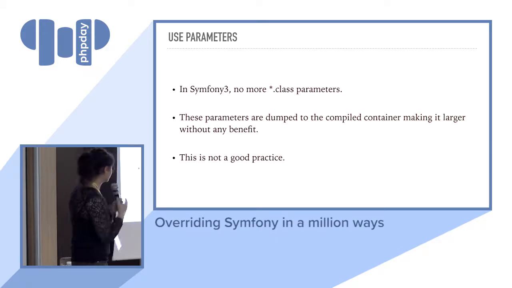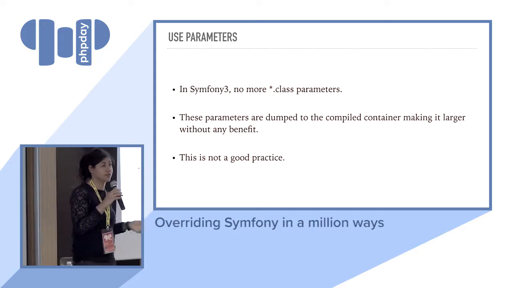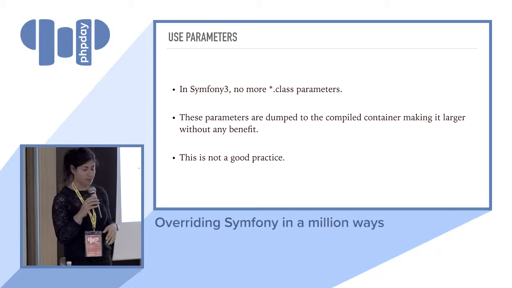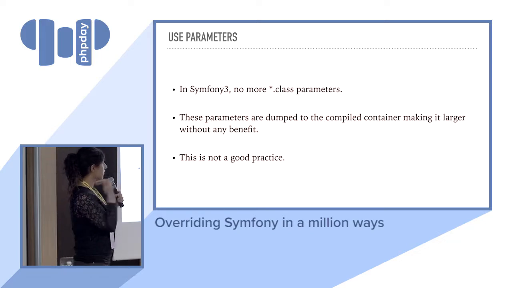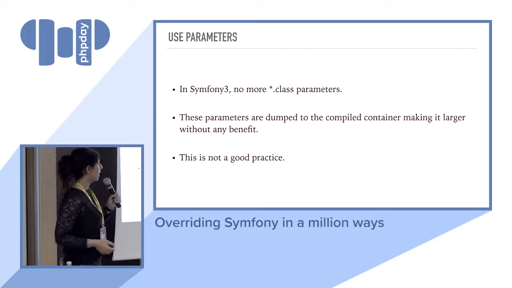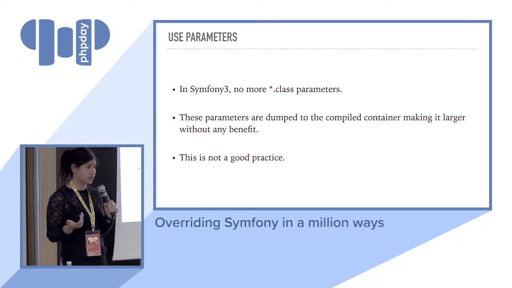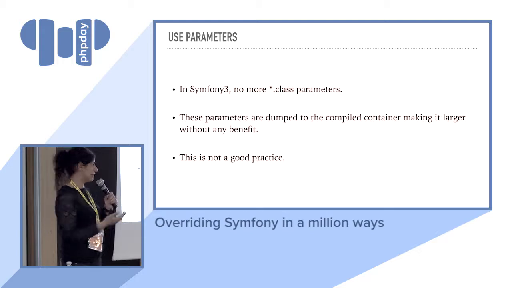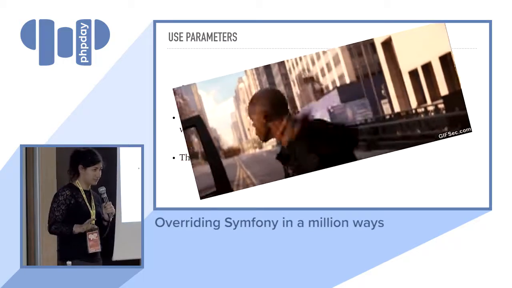But as I told you, you don't have any more .class parameters for the services, so it won't be useful for services inside Symfony, because those parameters were removed, because they were dumped in the compiled container. It was really heavy, and it wasn't really useful. And it's not a good practice. So definitely this option is not a good idea.